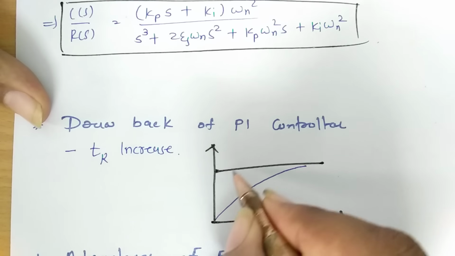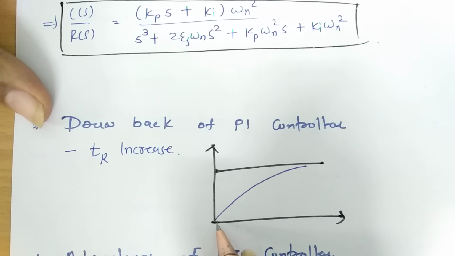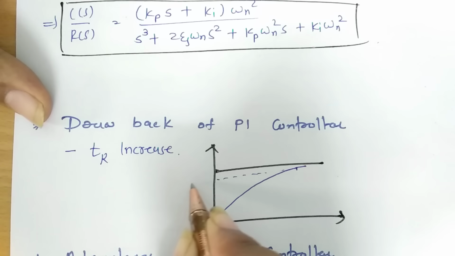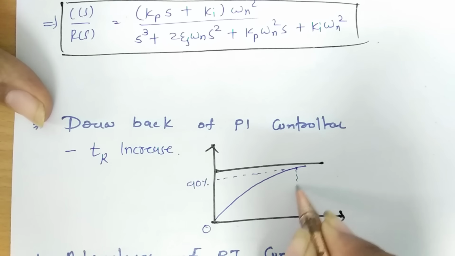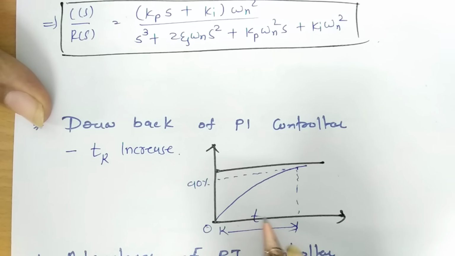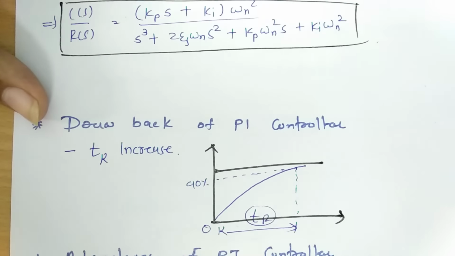So instead of a faster response, now output is increasing slowly. So 0 to 90 percent, this output will take longer time. So this is the rise time that is getting increased because of PI controller. So this is one drawback of PI controller.